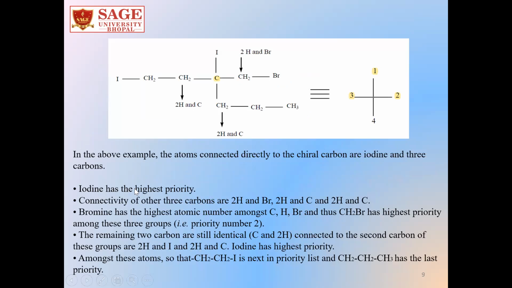We can see the connectivity of the other 3 carbons: 2H and Br here, 2H and C here, and the third one also 2 hydrogen and 1 carbon. So we can say that bromine has the highest atomic number among carbon, hydrogen and bromine, and thus CH2Br, that is this side, has the highest priority among these 3 groups. So here the priority number will be 2.